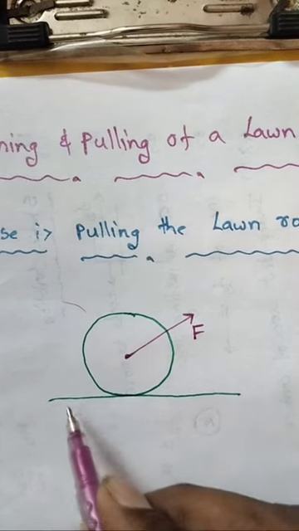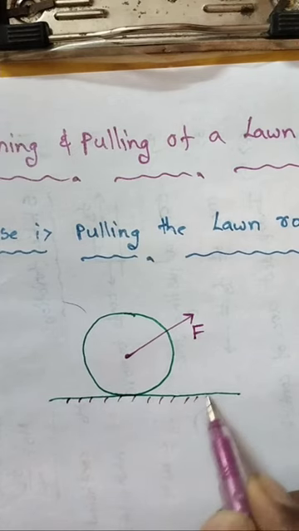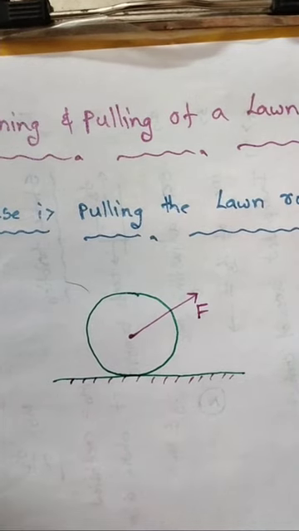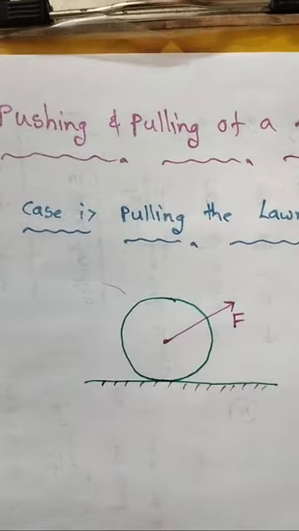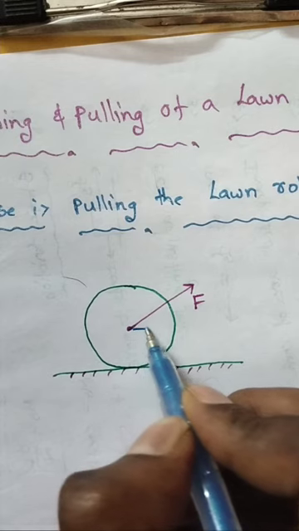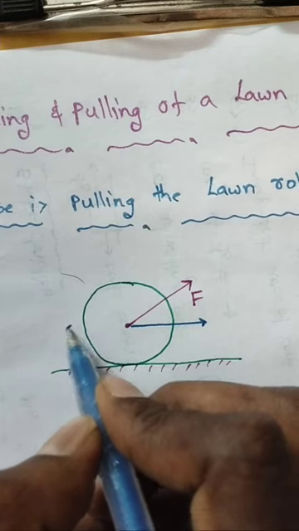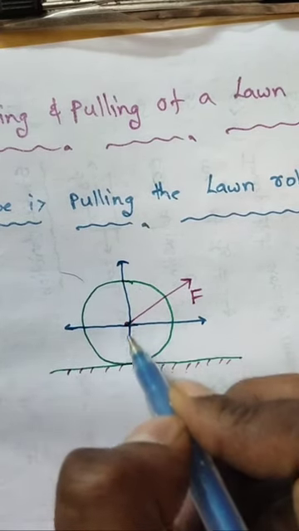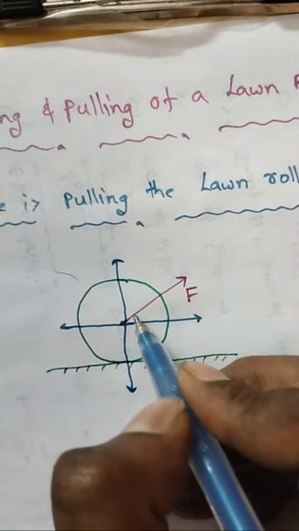Here this is the lawn roller surface. Here we divide into two components, one in the x direction. First we draw the x axis and y axis, right? It makes an angle theta.